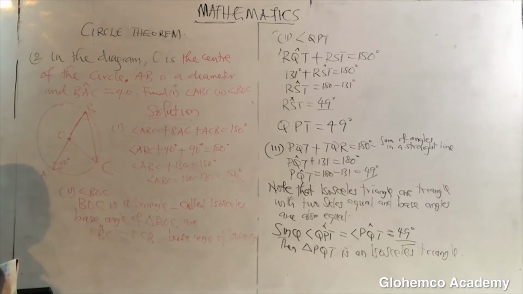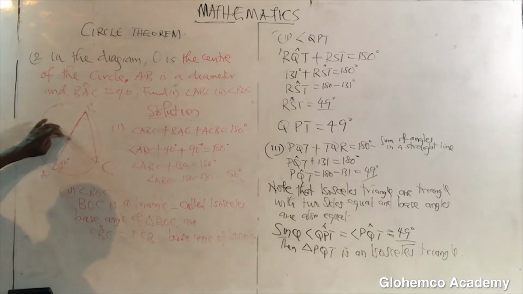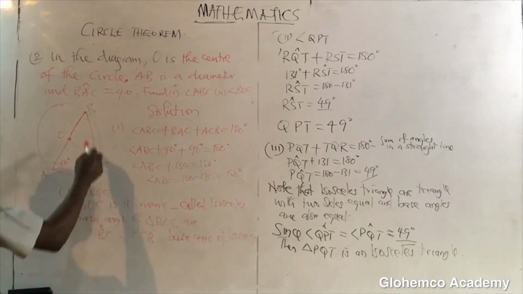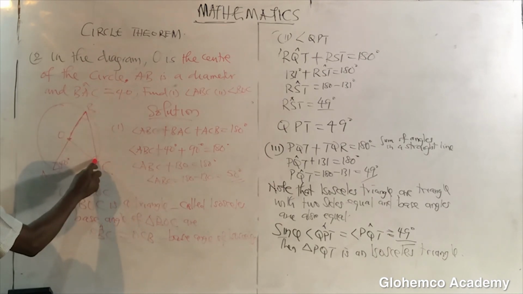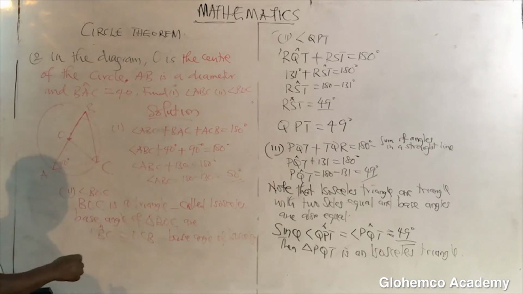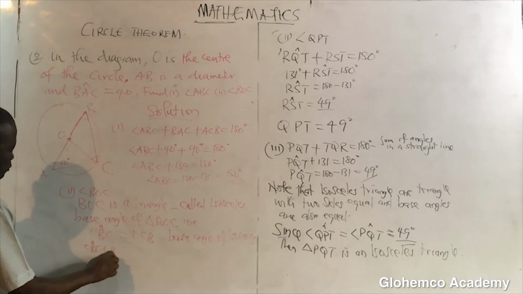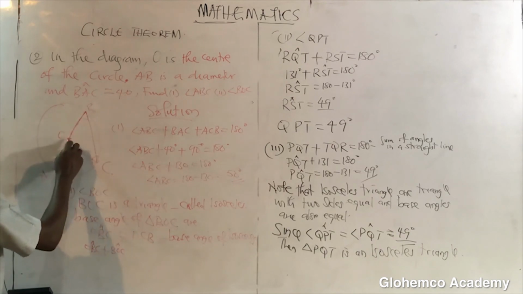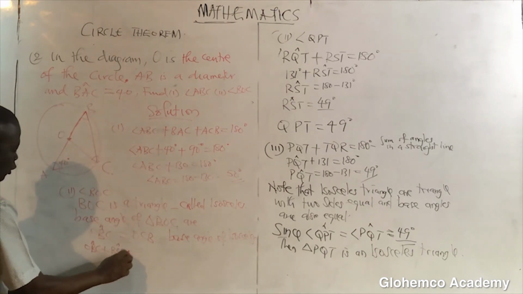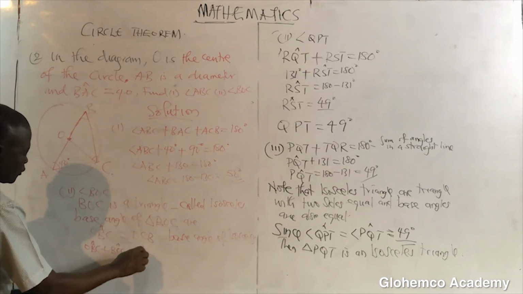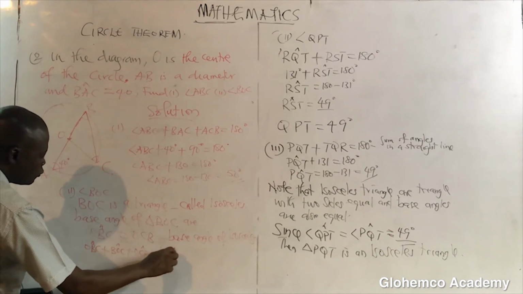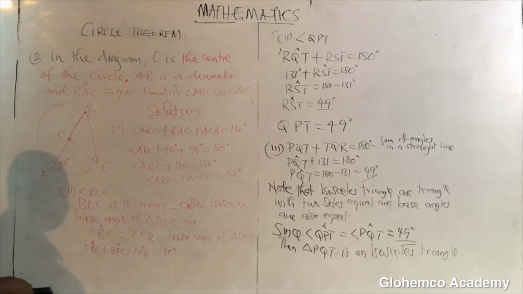Now, once they are the base angles of the isosceles triangle, what are you looking for? We are to find BOC. Now that we know that this angle is 50, definitely this one will also be 50. So we can now say that OBC plus BOC plus OCB, everything must be equal to 180, meaning the sum of angles in a triangle.